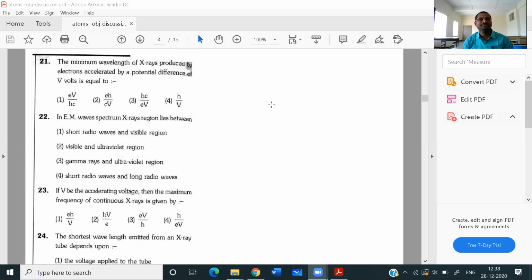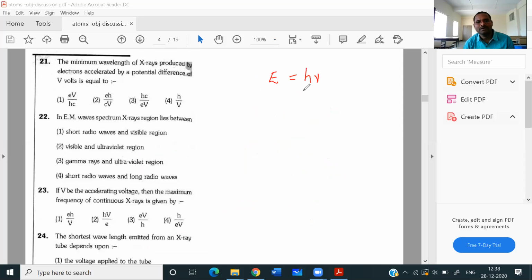Next, 21. Are you understanding, students? Question 21. The minimum wavelength of X-rays produced by electrons accelerated by a potential difference of V volts is, we know energy E is equal to h nu.